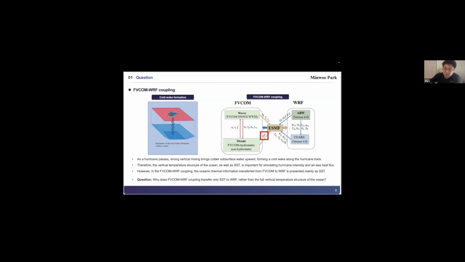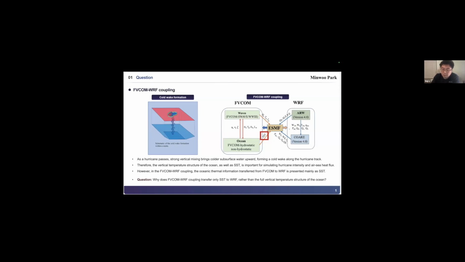So if you provide the vertical temperature profile to the WRF model, the WRF model will still only take the sea surface temperature into its modules. Therefore, the SST serves as an effective first order representation of the ocean feedback.